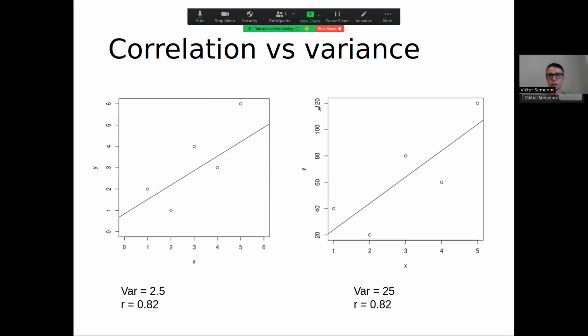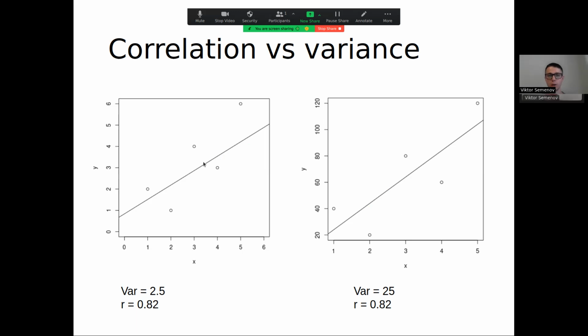We do the same calculations that we have done earlier, and we see that the covariance parameter has changed. It was 2.5, and it has become 25. So covariance has changed by 10 times. But does it mean that a change by 10 times in covariance results in a stronger relationship between these values?